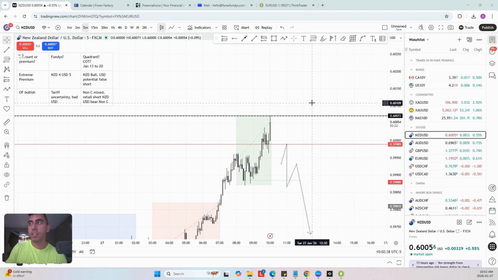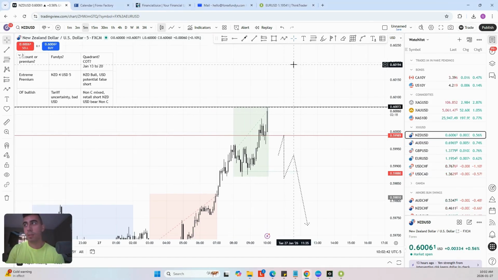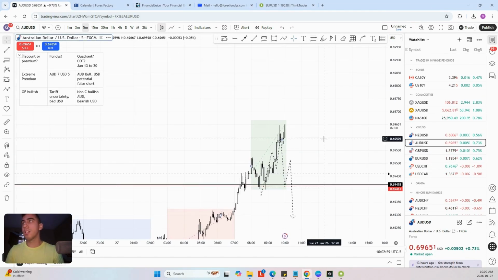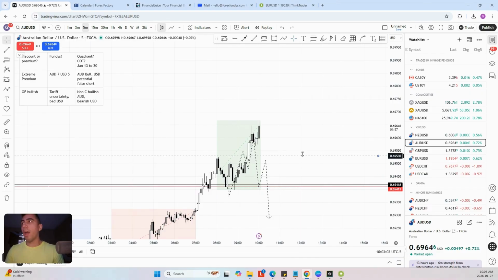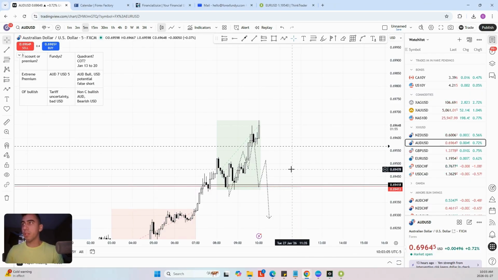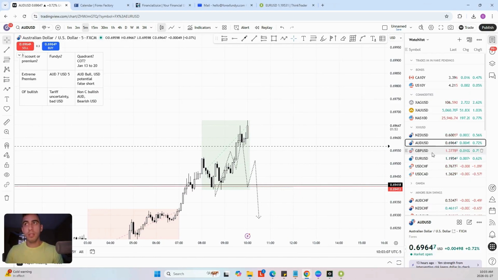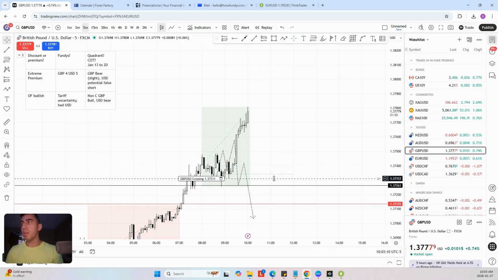All right, NZD USD is propping up for that sweep that we talked about in the beginning of the session. Let's see what happens. And let's take a look at the other currencies as well. Okay, so AUD is also on a flyer here. I'm comfortable with moving my break zone to here now because this is off the M5. GBP USD, comfortable with moving this as the break zone.